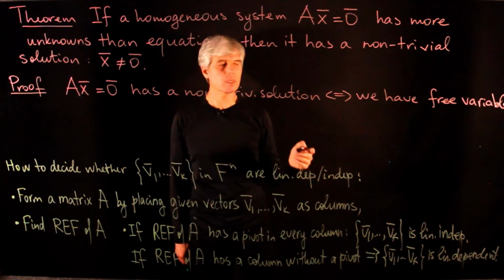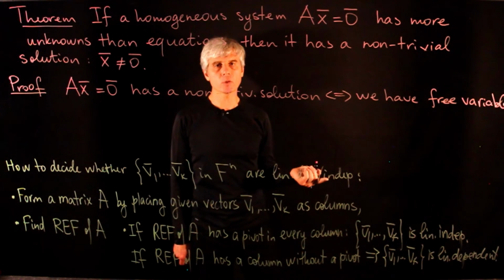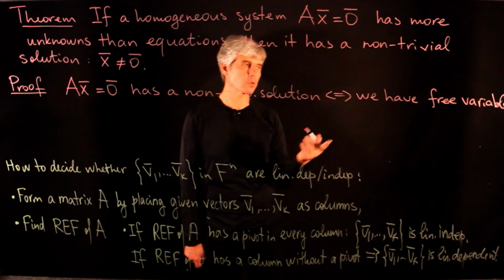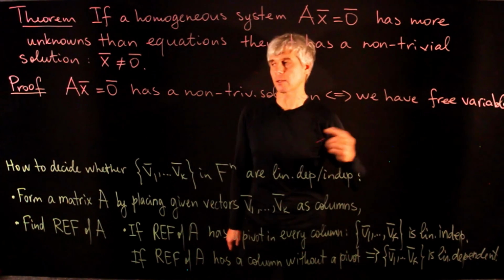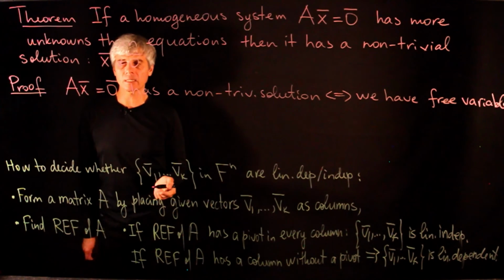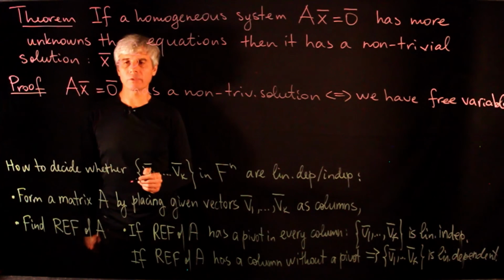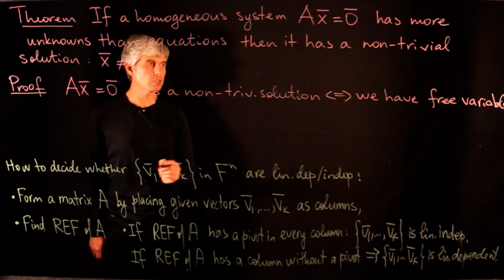Because if we have free variables, then we can assign arbitrary values of parameters to the free variables. So this means that we can assign non-zero values of parameters for free variables. And then this gives us a non-trivial solution of this system of linear equations.